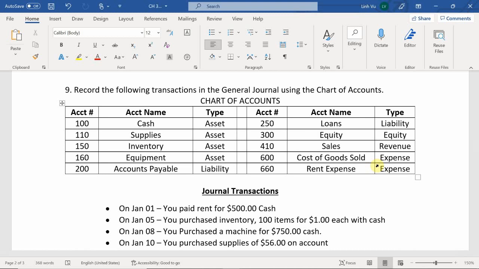Okay? So now let's go ahead and go into step 5. How do I use the debit and credit system? Well, let's think about it. I paid $500 for rent. Now, in this case, did I increase my rent or did I decrease my rent? You increased.